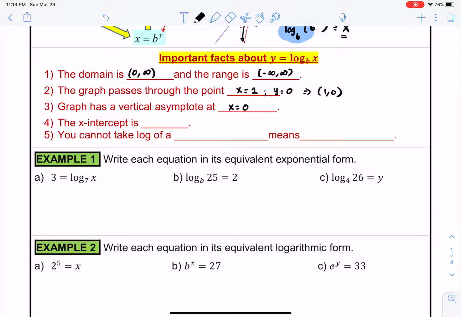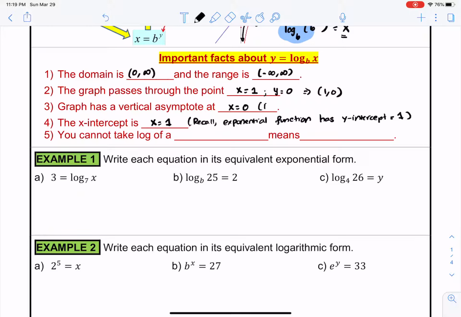The x-intercept here is x is equal to 1. If you recall, the exponential function has y-intercept equals 1.